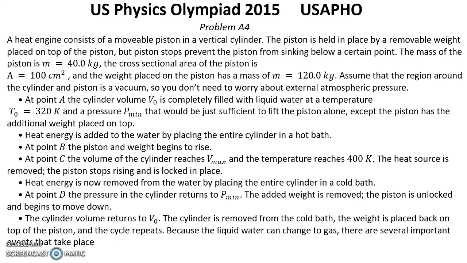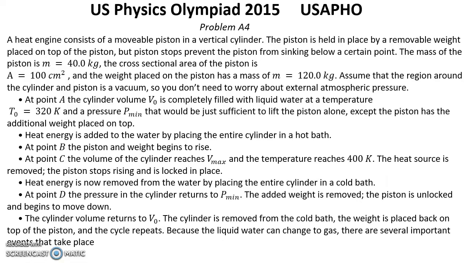Heat energy is added to the water by placing the entire cylinder in a hot bath. At point B, the piston and the weight begin to rise. At point C, the volume of the cylinder reaches V maximum and the temperature reaches 400 kelvins.